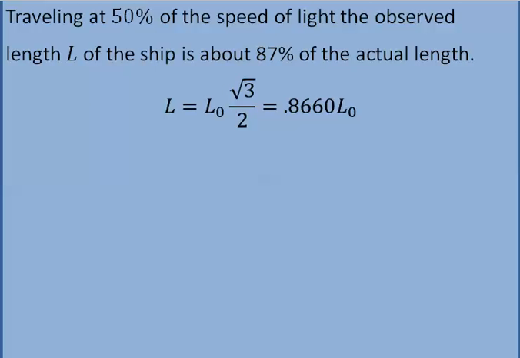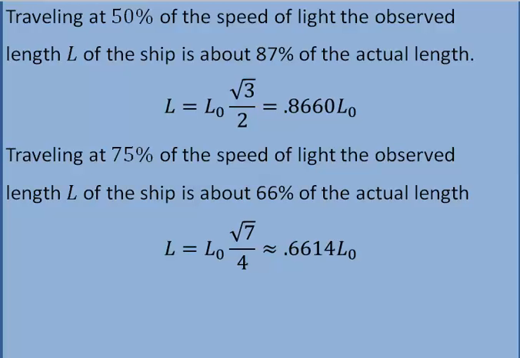Okay, so I still got it equals, don't I? Darn it. That should be approximately. So traveling at 50% of the speed of light, the observed length L of the ship is about 87% of the actual length. That should be approximate, that wiggly line. There's the wiggly line. That's what it should look like.